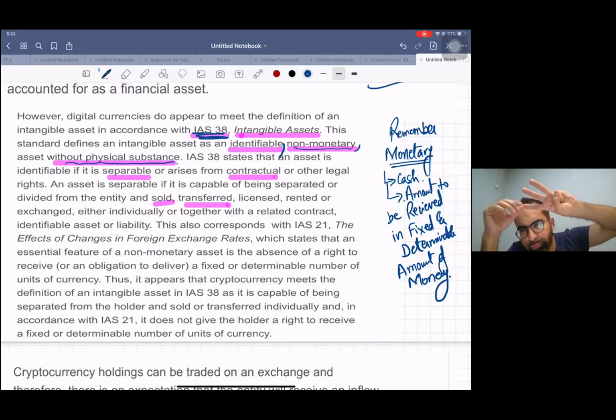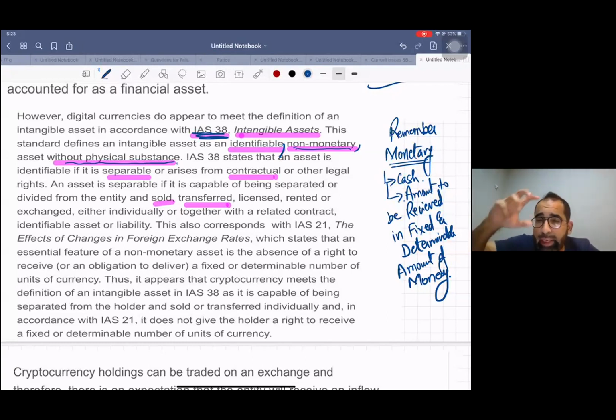Don't shoot, no issue. Listen. Number one, identifiable. Number two, non-monetary, and number three, without physical substance. Now, these three conditions, I'll prove that cryptocurrencies meet all three.